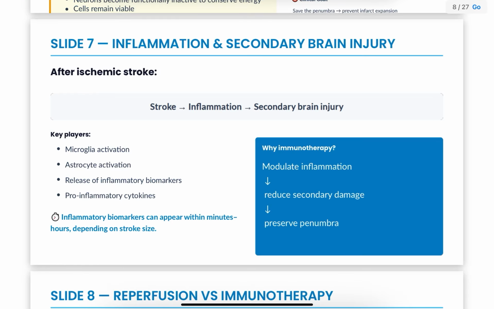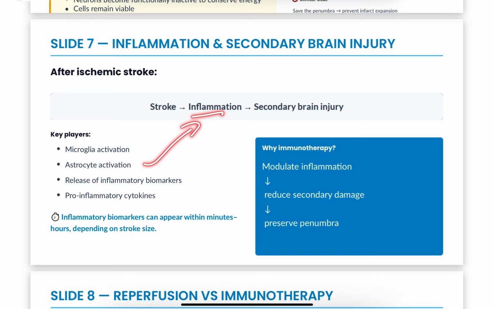After the initial ischemic injury, the damage won't stop, obviously. The stroke will activate an inflammatory response, and this inflammatory response will lead to secondary brain injury. We have two important cells here, the microglia and the astrocytes. When the brain tissue becomes injured or damaged, these cells become activated and participate in the inflammatory response.